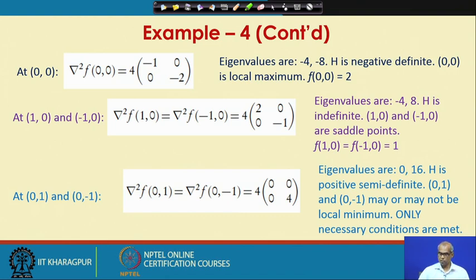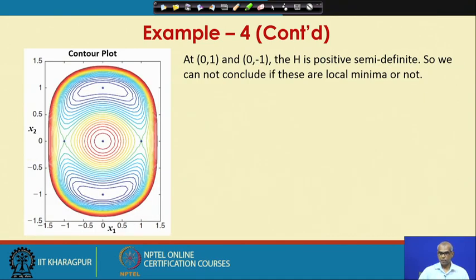So, 0 1 and 0 minus 1 may or may not be local minimum, because only necessary conditions are met. The Hessian matrix is positive semi-definite, not positive definite. We cannot conclude if these are local minimum or not.